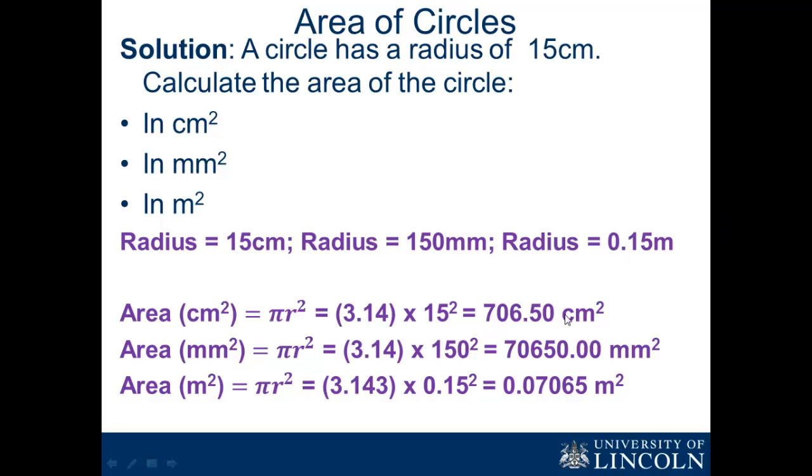So if you look at the difference between the two, you discover that this has been multiplied by 100. It is not by 10. You could say, we should have multiplied this by 10 and you have 7065 millimeter square. No, because this one is in square, so that 10 has to be in square. That is going to be 100, 10 multiplied by 10.